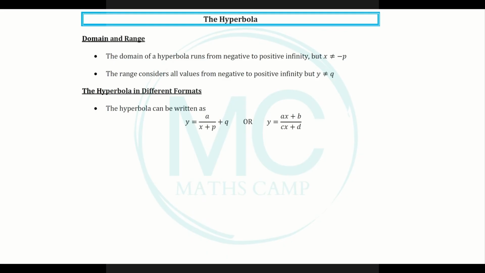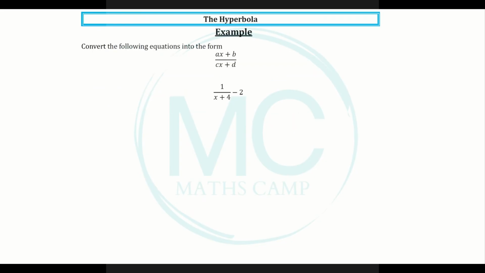In the exam, you may convert the format from one to the other, and there will be questions where you need to change from the format y is equal to a over x plus p, plus q to y is equal to ax plus b over cx plus d. So let's look at how we do this.